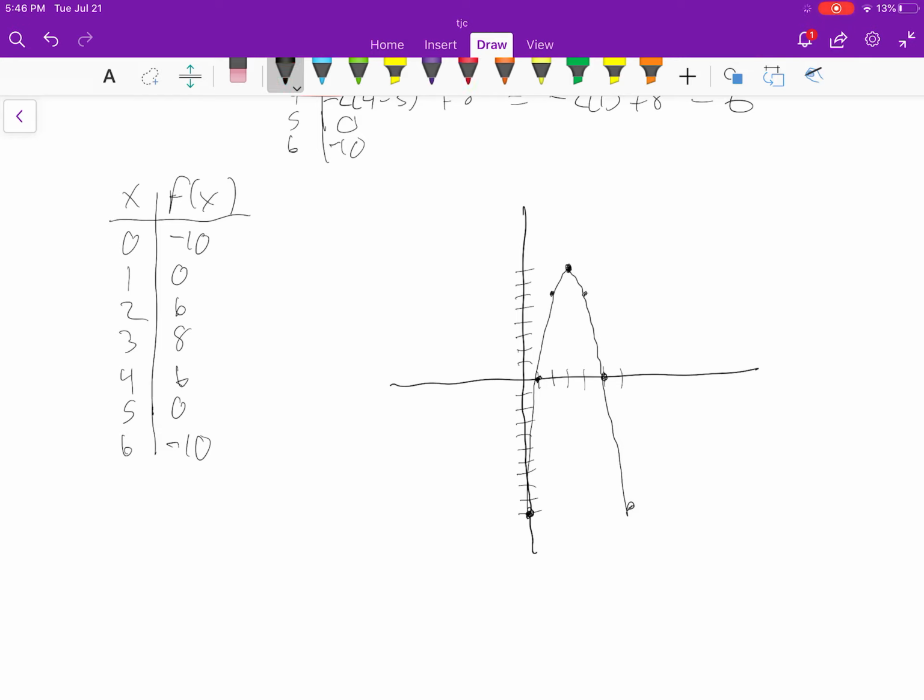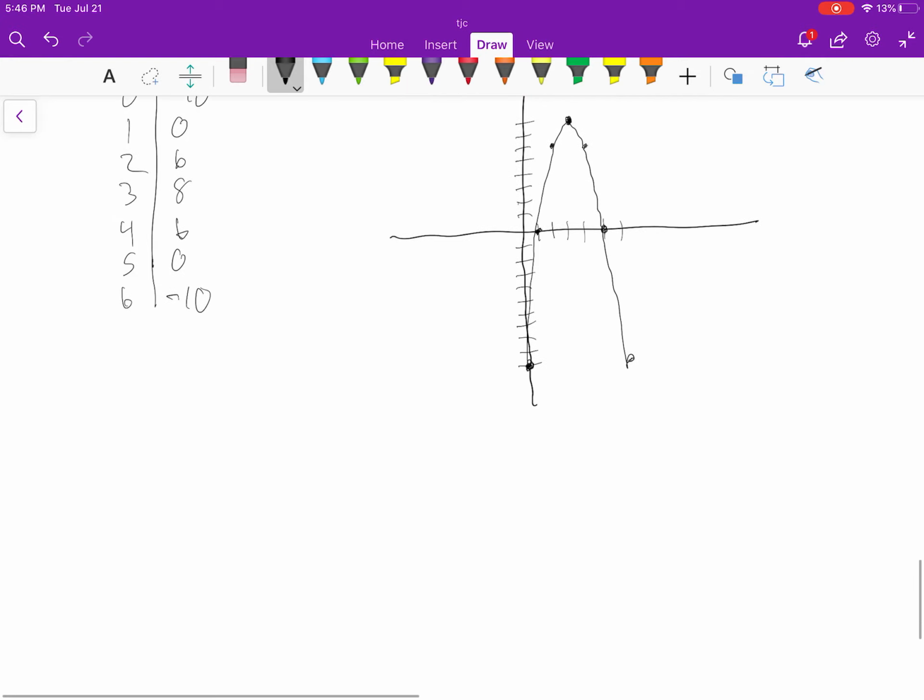Now, however, moving on, what happens when they don't give it to us in the standard form? What if they give us something that's in the general form, in this form here? Okay, then what do we do? Well, then you have two methods. You could do completing the square.